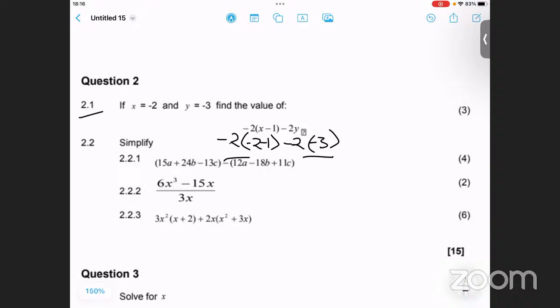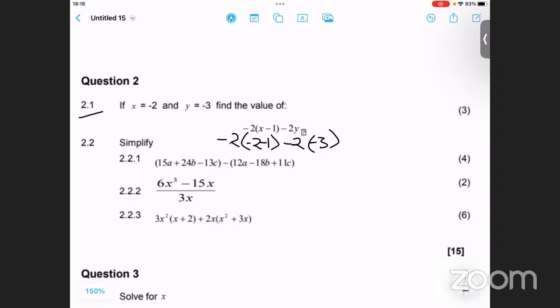So, ma'am, the first thing I did was distribute the negative sign. So it's gonna be 15a plus 24b minus 13c minus 12a plus 18b minus 11c. Perfect.